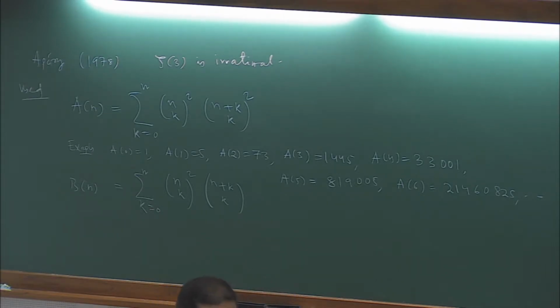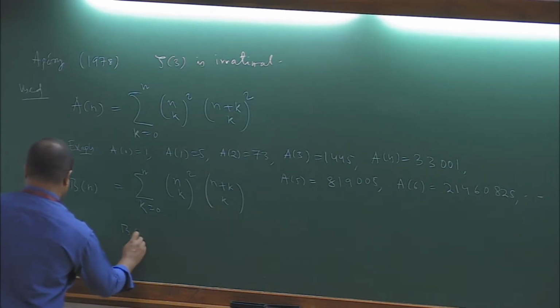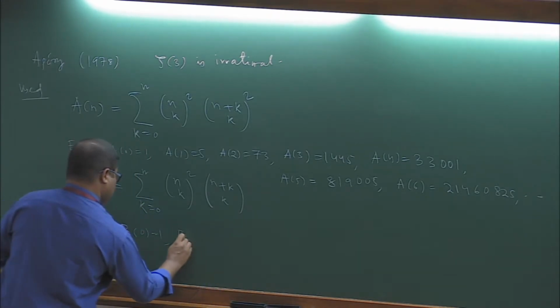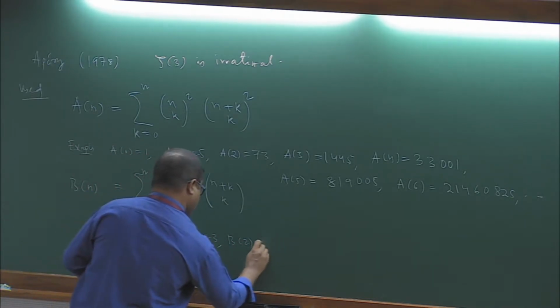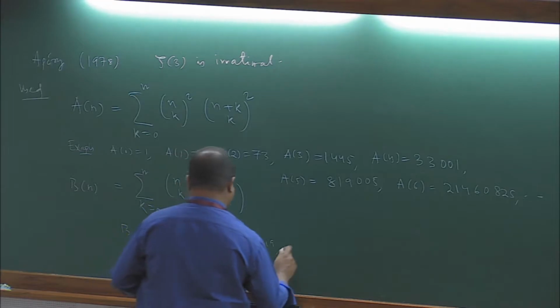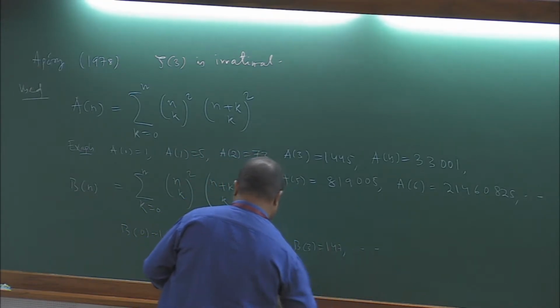Already you know zeta 2 is transcendental, but he gave a proof of a rational approximation of zeta 2 using these numbers b_n. We can write some values of b_n. Similarly, this also grows very fast: b0 is 1, b1 is 3, b2 is 19, b3 is 147, and so on.